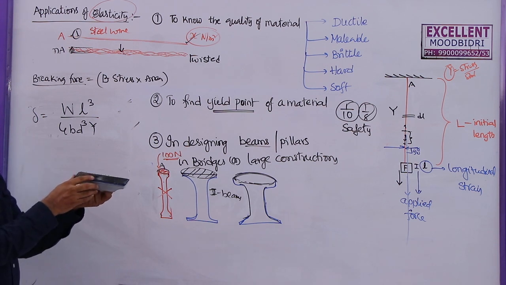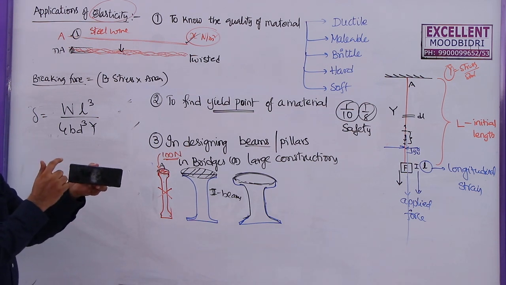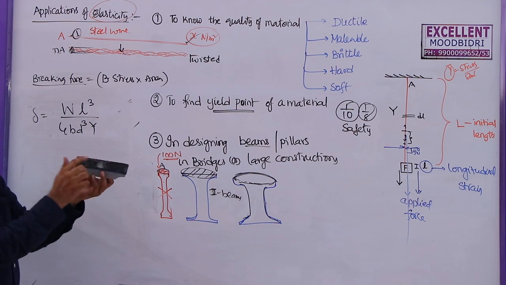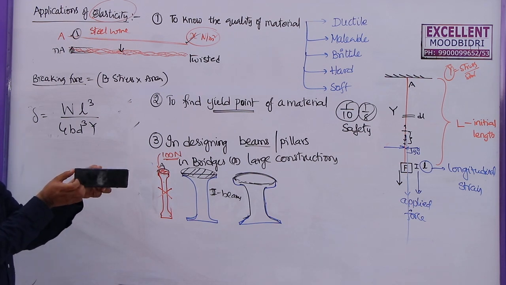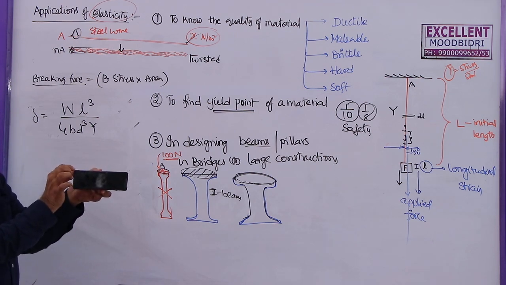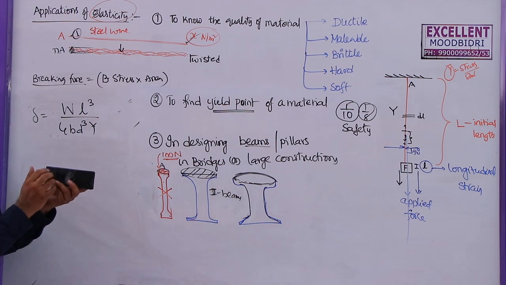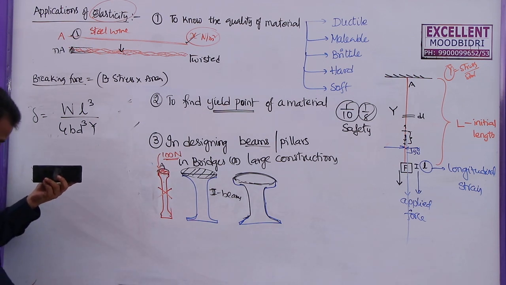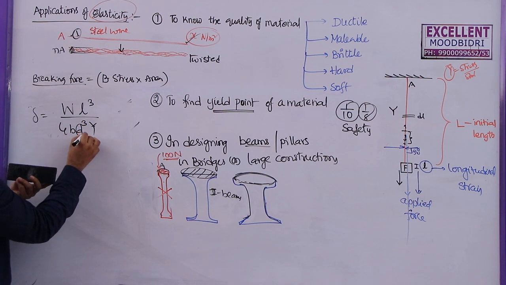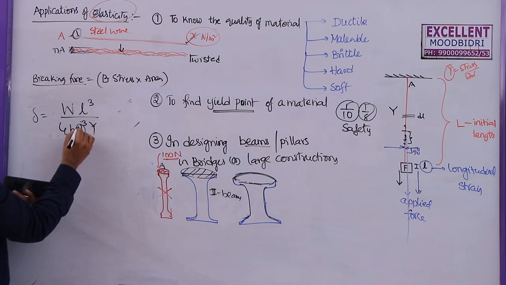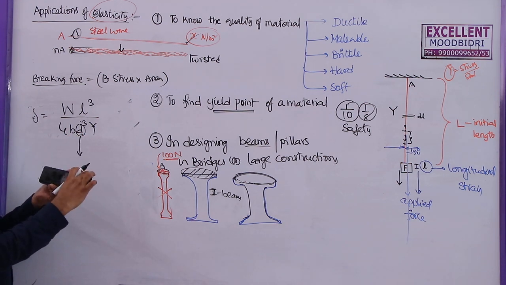Now if you keep the same structure, but turn it like this, what happens? I am not changing the length, but the width will become height here, and thickness will become width here. So if we use this type of structure, I am increasing the depth, and the depression will decrease. How many times? Let us say the depth is increased to double.